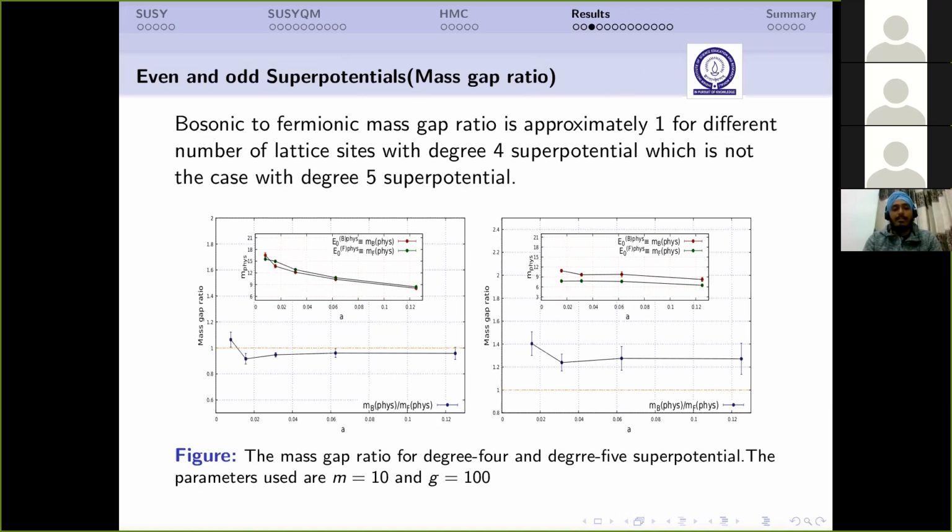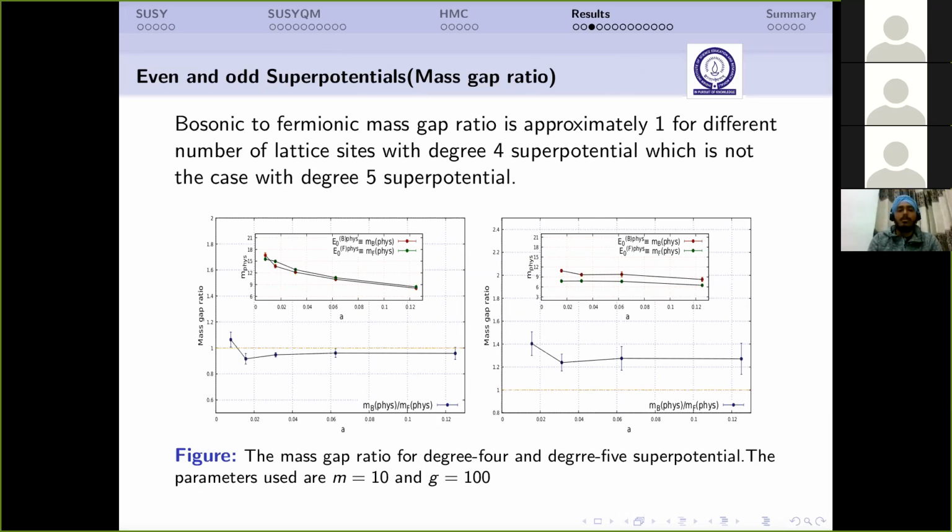The second thing that we checked is the bosonic to fermionic mass gap ratio. How do we find these bosonic and fermionic mass gaps? They are extracted from the correlator functions, both bosonic and fermionic.